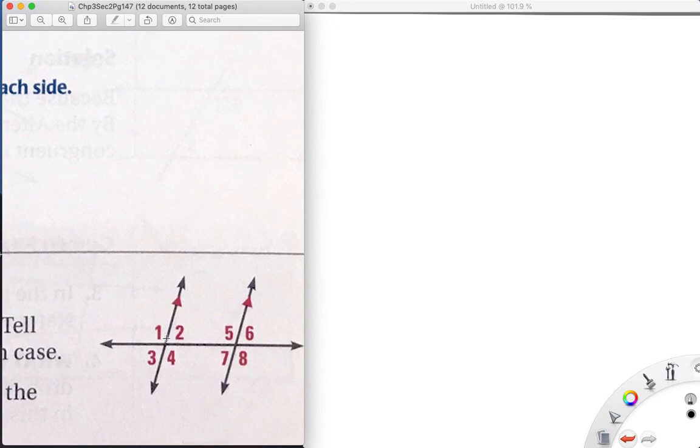If 1 is 105, then 4 is 105 because they're vertical angles. 4 and 5 are same side alternate interior angles. So if this is 105, then 5 is 105, and if 5 is 105, then 8 is 105, vertical angles. But you can also use alternating exterior. 1 and 8 can also be 105, and then 8 and 5 can be 105 too. Many ways to get there.